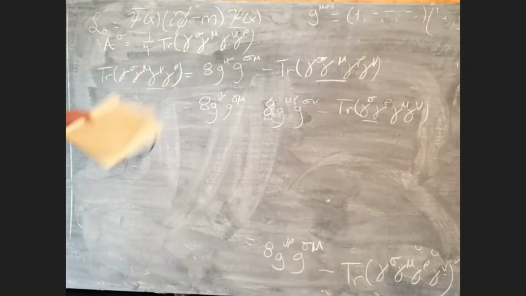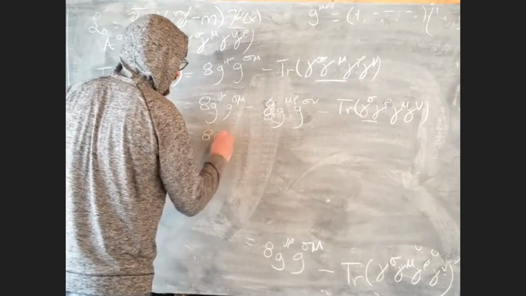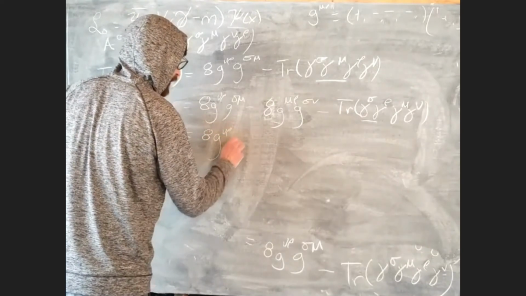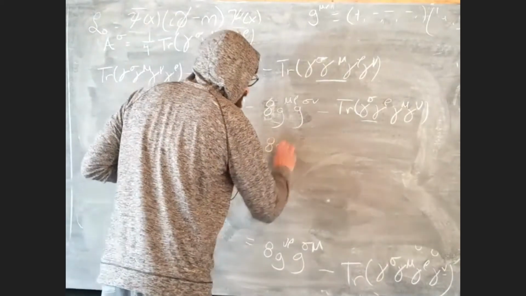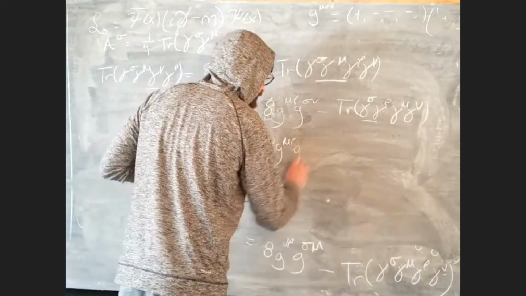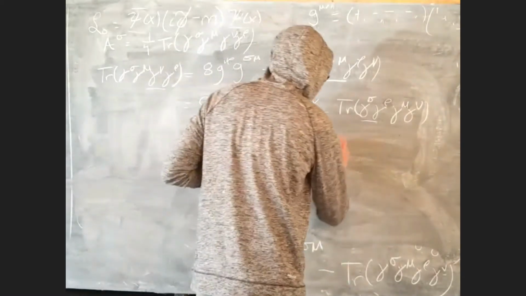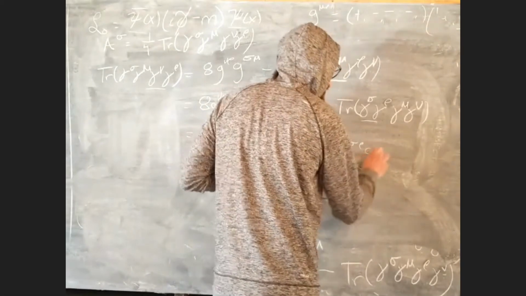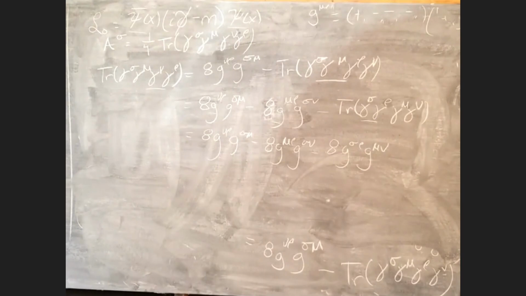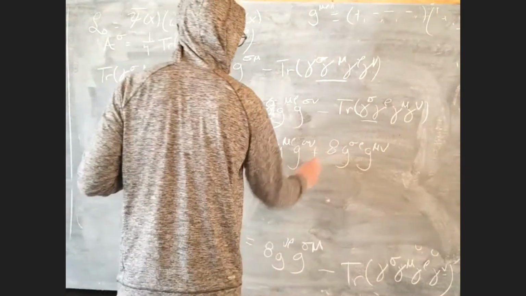And what do we get? We get 8 G nu rho G sigma mu minus 8 G mu rho G sigma nu minus 8 G sigma rho G mu nu. And, oh, this is not minus now. This is plus.